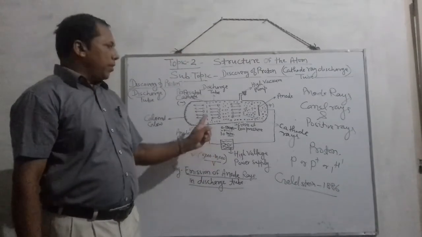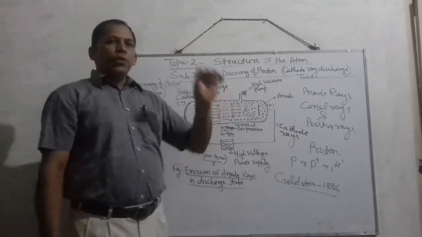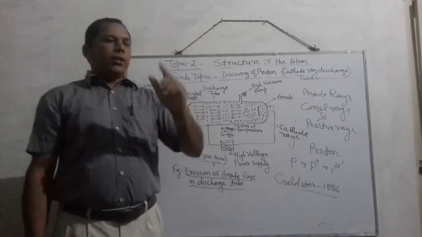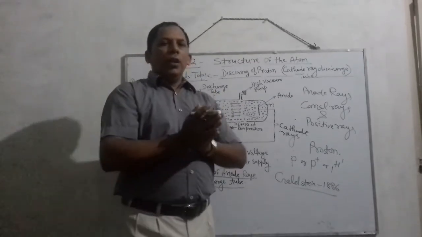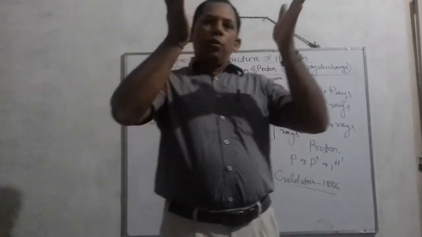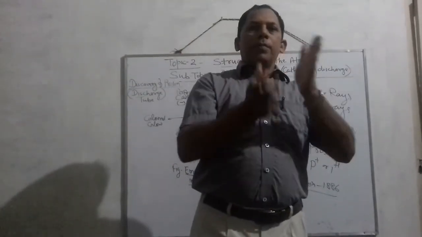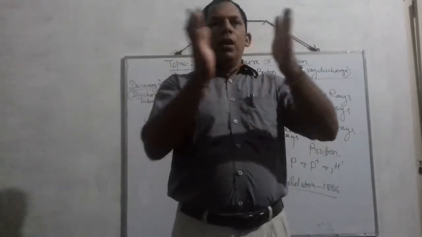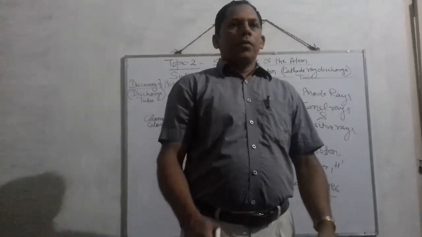Okay children, so you must remember it. Just keep in mind that with a simple modification in this discharge tube, you will be in a position to know the difference between the discovery of electron and the discovery of proton.